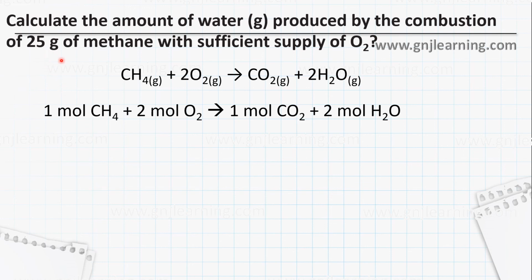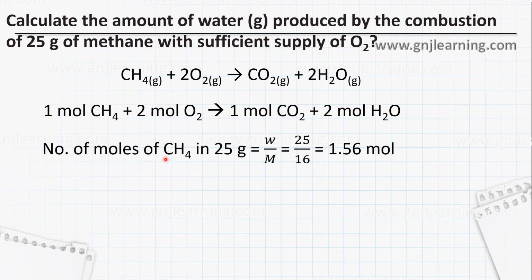Number of moles of methane in 25 grams is N equal to W by M, mass divided by molar mass, which is 25 divided by 16, equal to 1.56 mole. Clear? So this much mole of methane is in 25 gram.